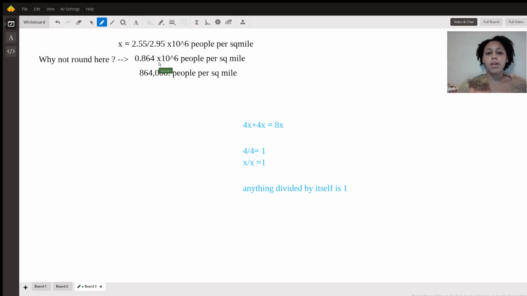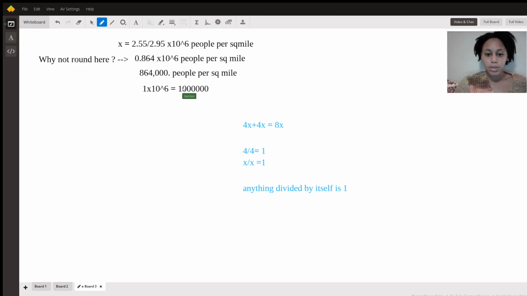Because we've got our final answer with the notation. So if we were to round this 0.864 to 1, because you can't have an eighth of a person, that would be 1 times 10 to the power of 6. We would have gotten 1 times 10 to the power of 6. And that is basically, we're going to have to move the decimal place 6 places to the right. 1, 2, 3, 4, 5, 6.